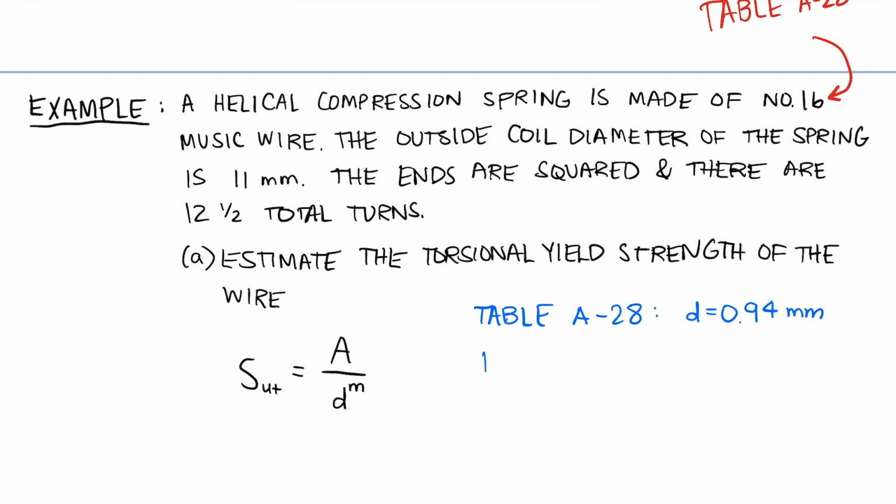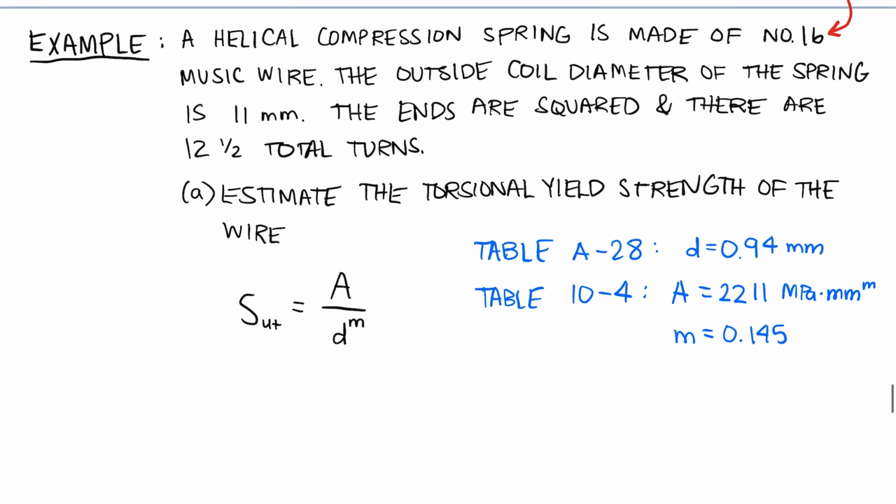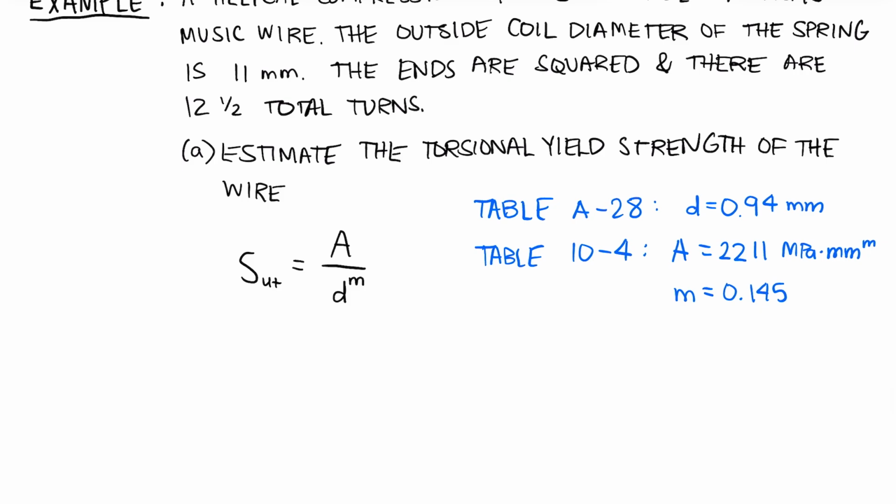And then from table 10-4, I can find the A and M material constants for music wire, and they are A equals 2,211 megapascals times millimeters to the M power, and M is 0.145. All right, so with that, we have everything we need to solve for this ultimate tensile strength.